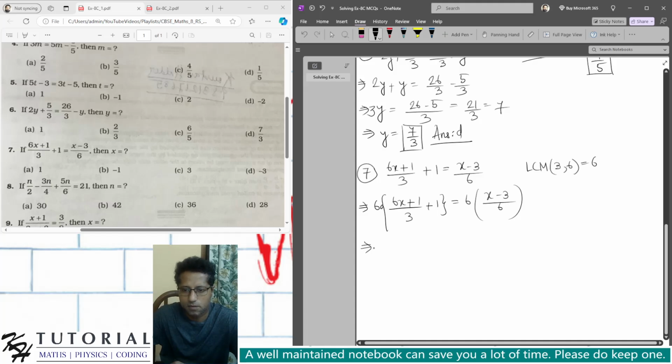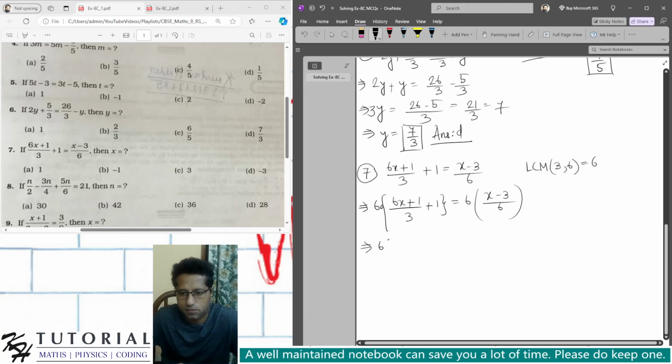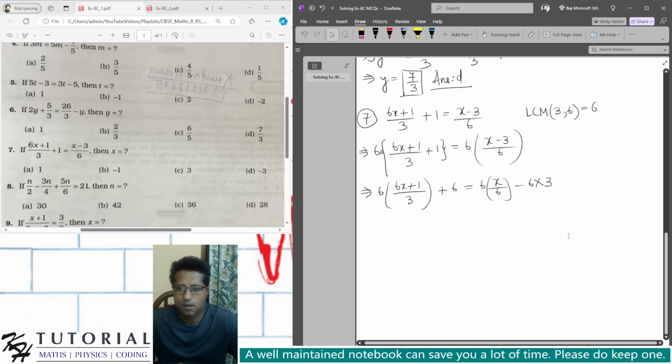This implies when you multiply 6 with the LHS, and apply the distributive law of multiplication over addition, you get 6 multiplied by 6x plus 1 by 3, plus 6, is equal to 6 multiplied by x by 6 minus 6 multiplied by 3. Okay.